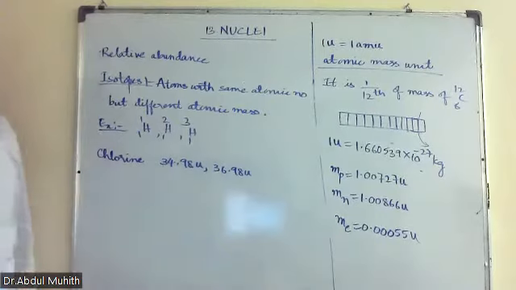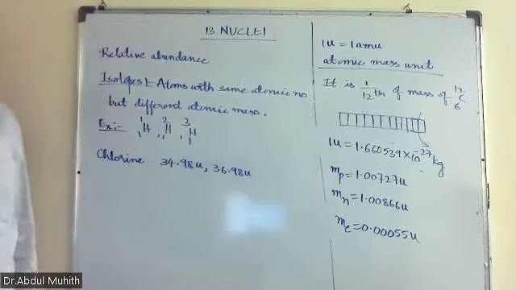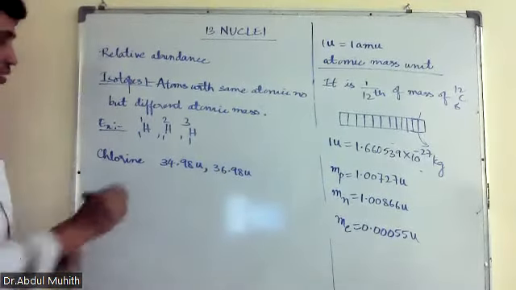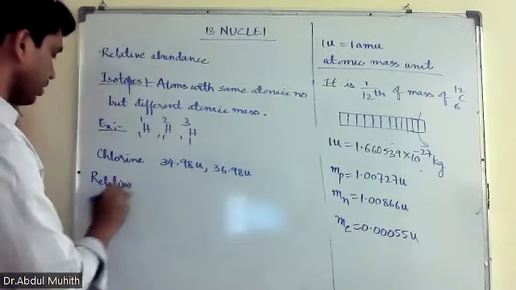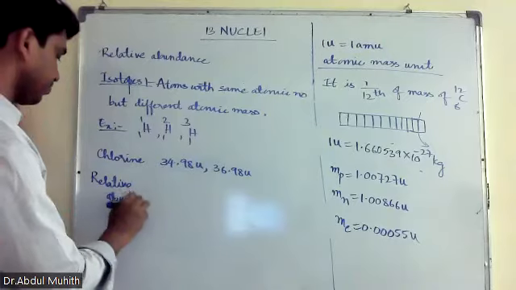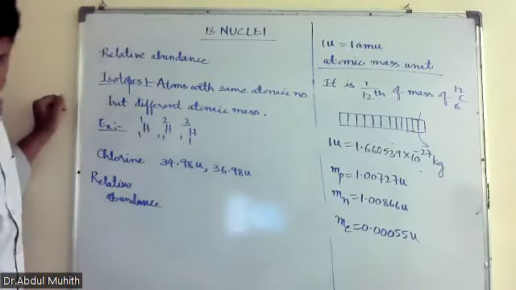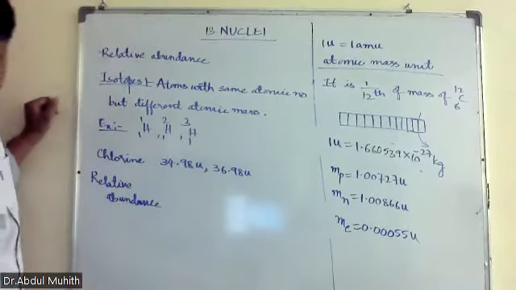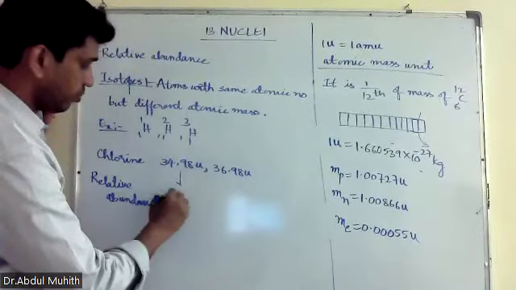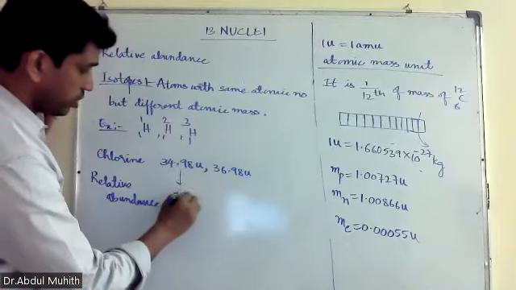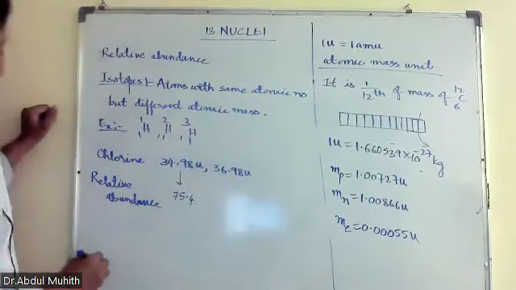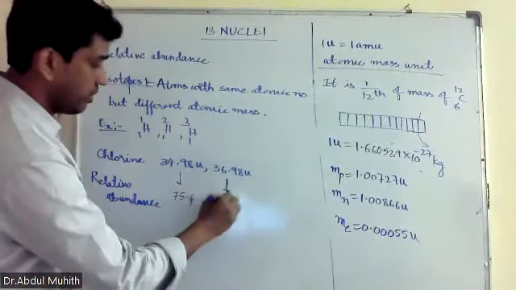Now the relative abundance, which means what is available in nature, is 75.4 percent for the first, and the second is 24.6 percent.